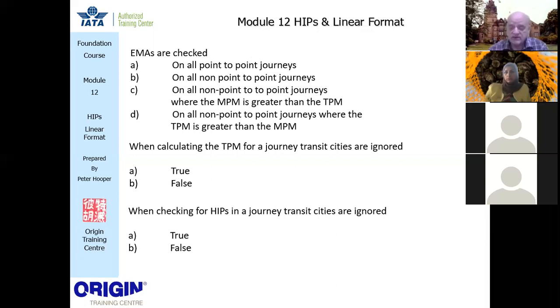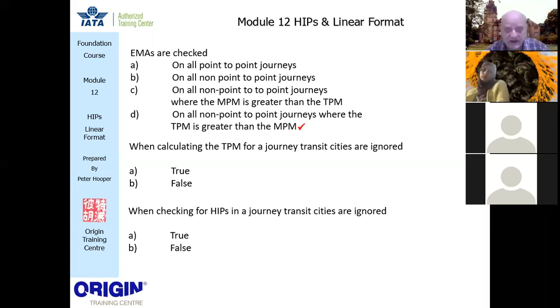EMAs, extra mileage allowances, are checked on non-point to point journeys if the number of miles you're flying is more than the maximum. Is that clear? Clear.